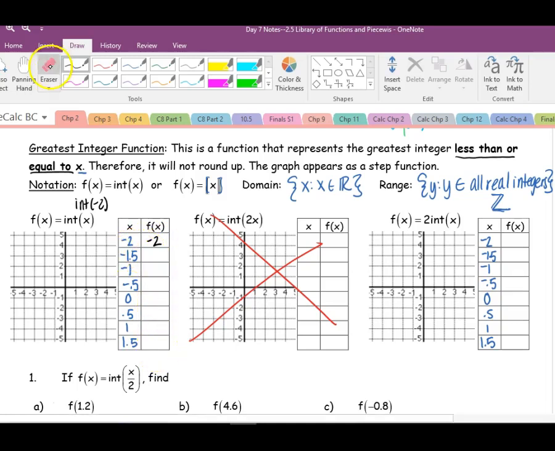All right, so now let's plug in the next one. The integer of -1.5: -1.5 will round down. Greatest integer function, I know that's confusing, but you are rounding down. So what is the closest integer rounding down? That is also -2.